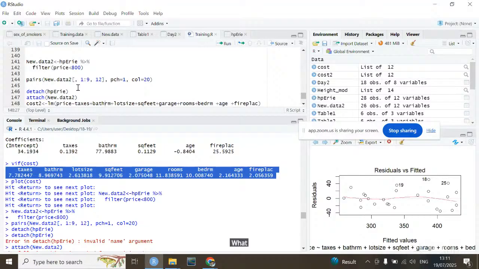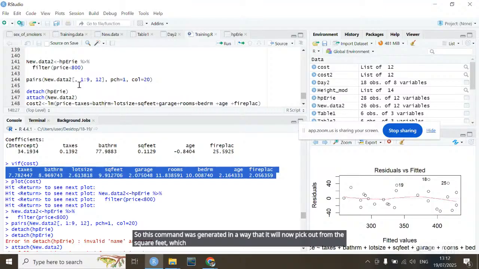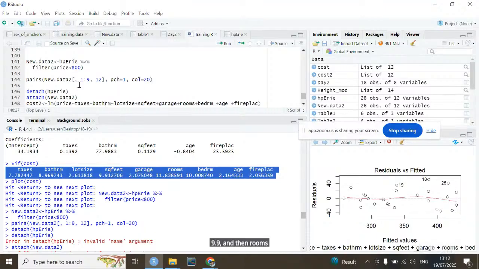What the rooms can explain in that model, even the bedroom size can explain that. So this command was generated in a way that it will pick out from the square feet, which has a VIF of about 9.9, then rooms of 11.83, and bedroom of maybe 10.008. It will see these as predictors, but these predictors can actually explain the same thing in this model.